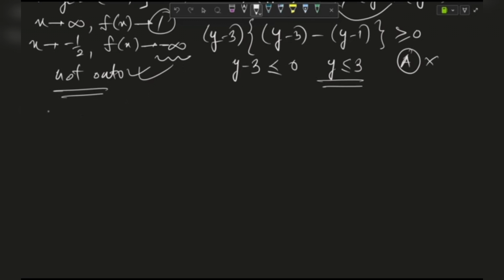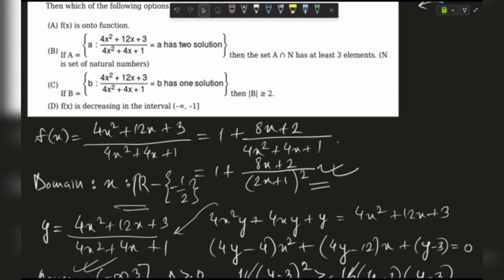Now we have B and C. I will look at the question once and also show it to you. Option B says that we have a set capital A, which is all those small a such that f of x equal to small a has two solutions, and the set capital A intersection with the set of natural numbers has at least three elements.